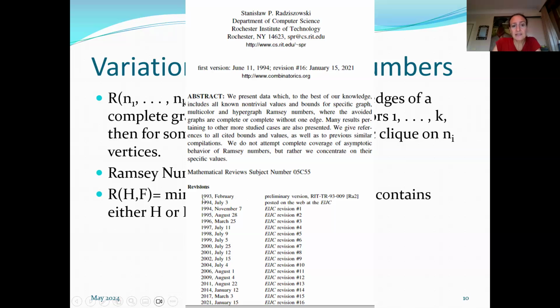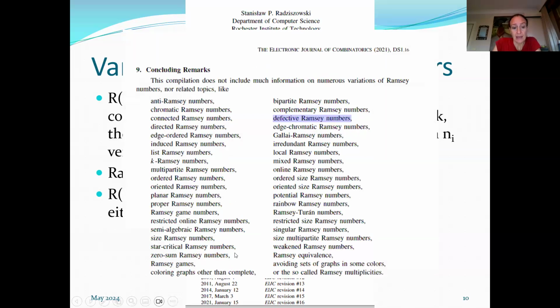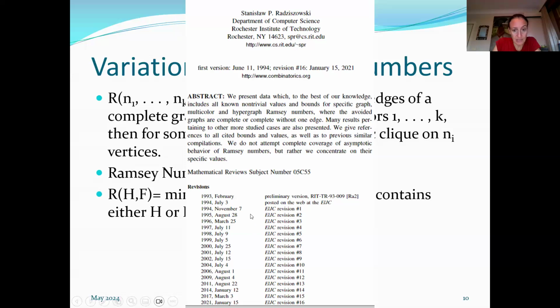He started in 1993, and it's a dynamic survey, so there are revisions. Actually, I just met Stanislaw a month ago at a conference, and he said that now they are at revision 17. So there is a new one.